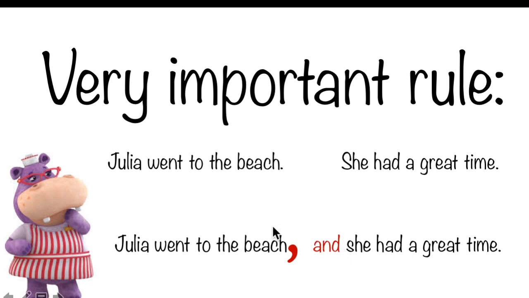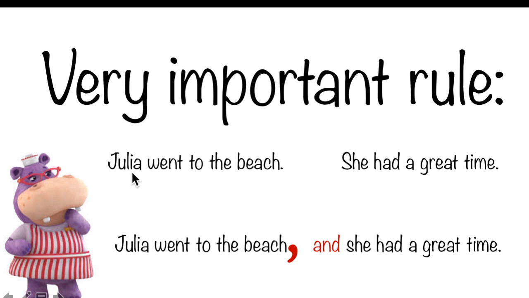So please, one more time, very important rule. If you join the two simple sentences to make a compound sentence with the conjunction word and, or maybe but and or, you need to put the comma in front of the conjunction word.